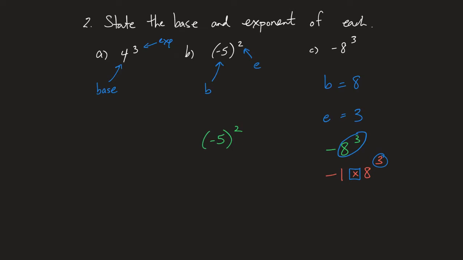My negative is not part of the base. So let's watch out for that one, because that's going to be a common mistake as we move forward. Okay, hopefully that went well. And if we didn't get C and we now understand it, then I think we're doing great. Let's keep it going.